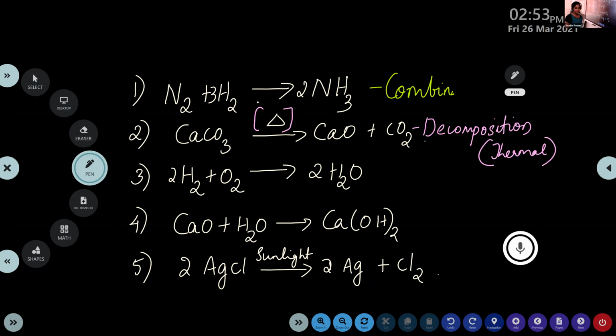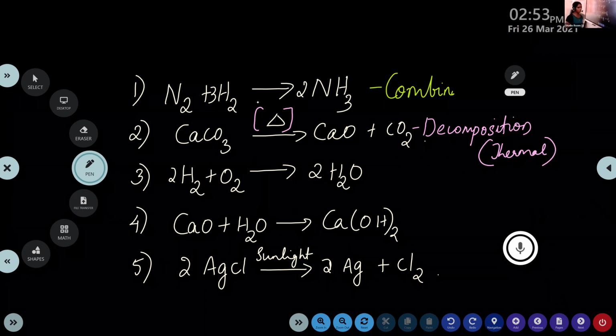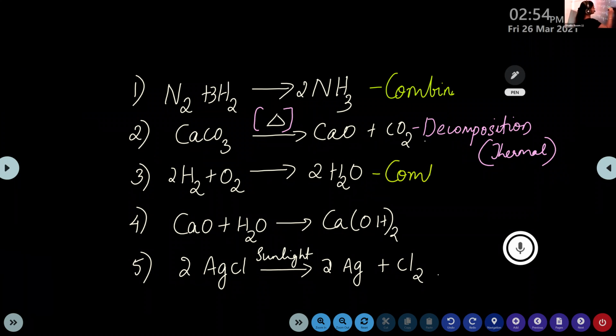Which type of reaction is this? Minha, can you tell me? Combination reaction. Yeah, it's also combination reaction. Just count the number of reactants and products. If there is only one product, that is combination reaction, and if only one reactant, that is decomposition reaction.